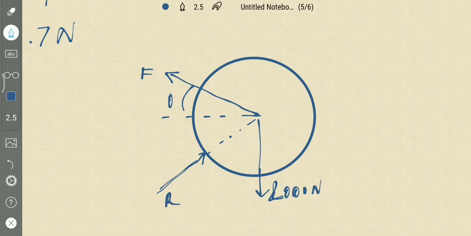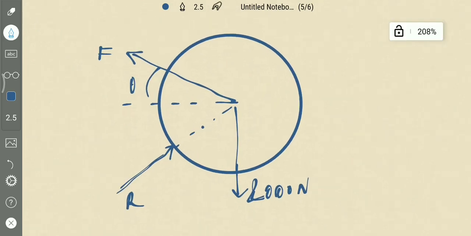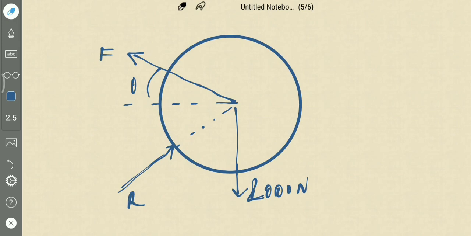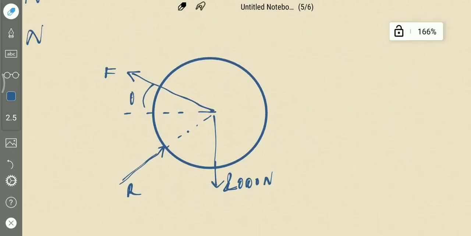This is R. And what are the angles? How to find the angle theta? Angle theta is there.